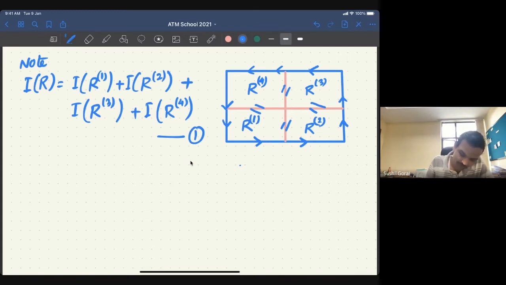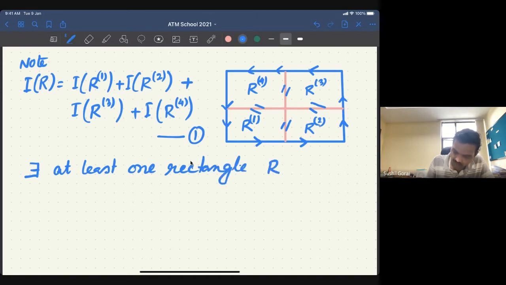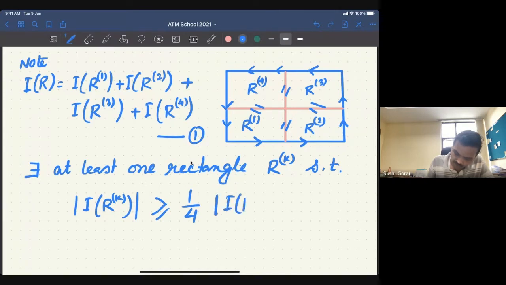Now since there is this summation, actually we are not assuming, it's basically that there exists at least one rectangle R_K such that the modulus of I_RK is greater than or equal to 1/4 of the modulus of I_R.